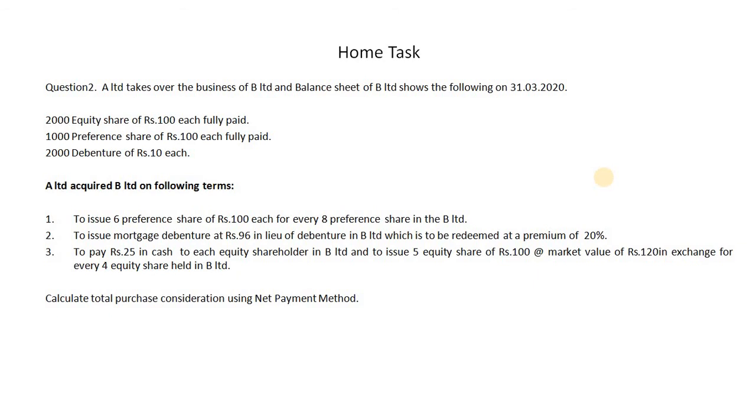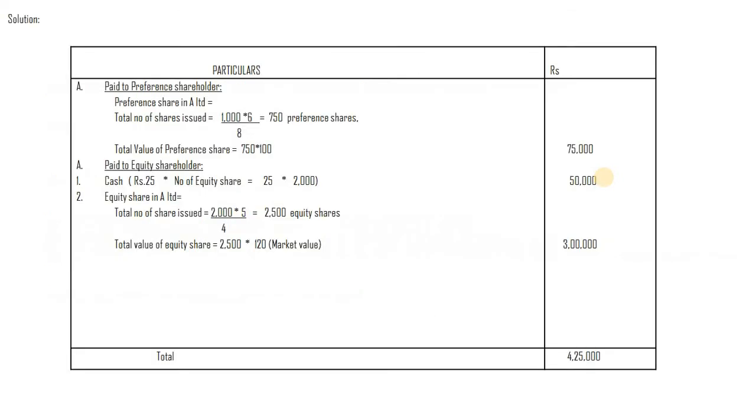So market value is higher than book value, therefore we have to take 120 as a value of each equity share. In that case we will get 2000 divided by 4 into 5, 2500 new equity shares will be issued to the equity shareholders of the B Limited. And if we try to get the total value, then 2500 into 120 will be 3 lakh.